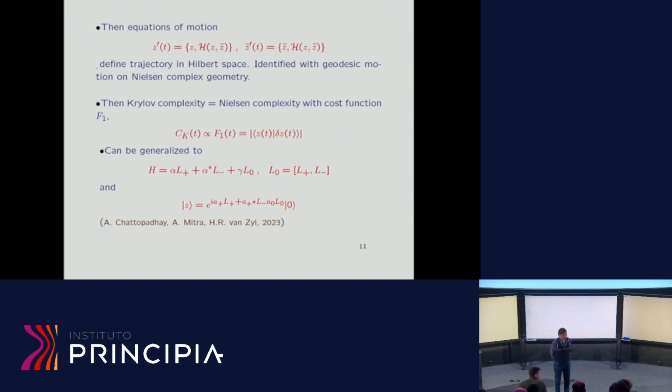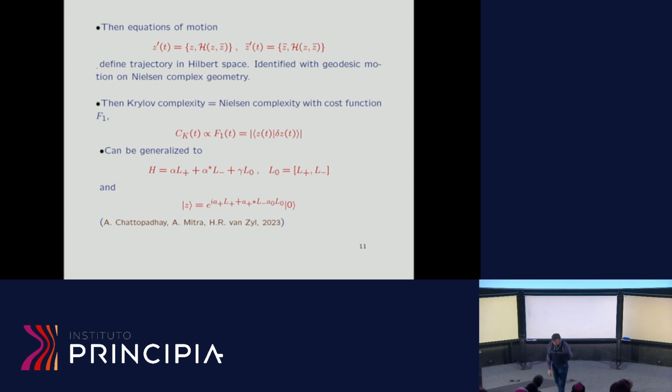That's right. And there's some generalization which was done by some people, including one of our collaborators, where you can add some extra term in the Hamiltonian that corresponds to the commutator, and correspondingly in the coherent state, you can ask, I wrote this all wrong, A plus dagger L minus plus A0 L0, sorry.